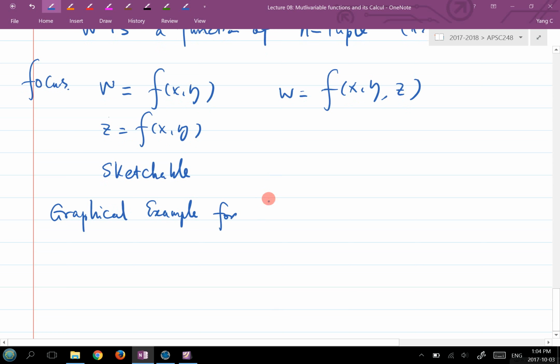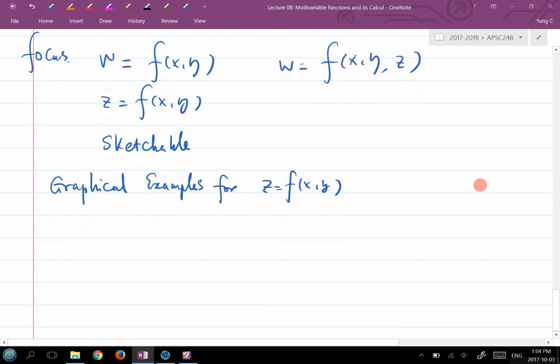So let's just take a look at some graphical examples. What does it look like? Typical functions. Functions of two variables are actually not really new now. If you recall, in the previous lecture, we derived plane equations, and this is a plane equation here.